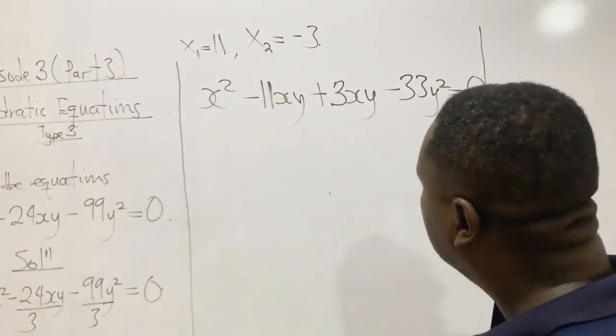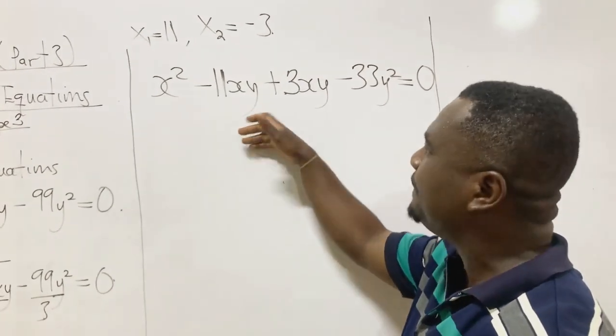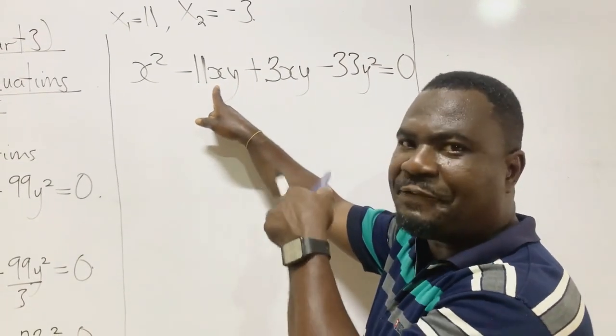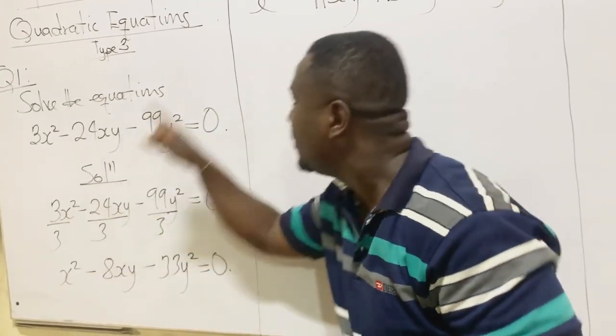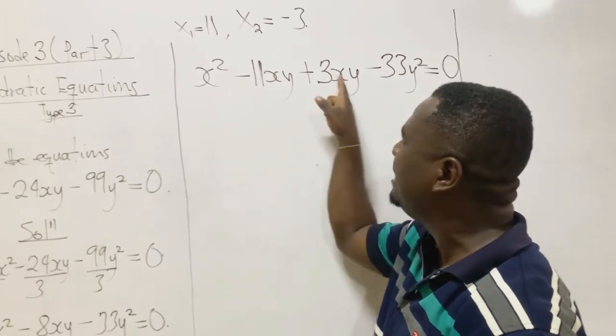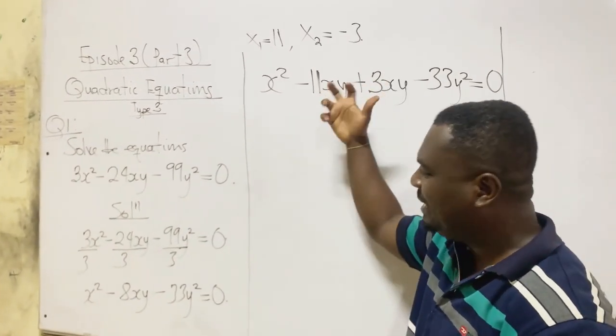Now you've gotten our 4 terms, but remember, before you hit the next step, first of all, check, verify. When you add the 2 numbers, are we getting -8? Yes, it's true. We are getting -8.